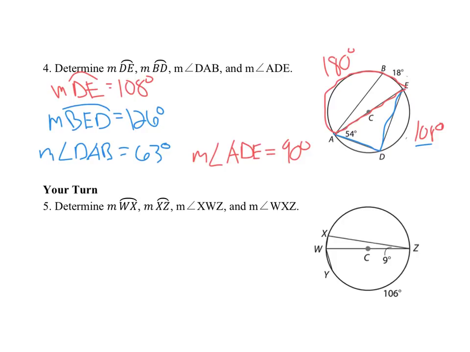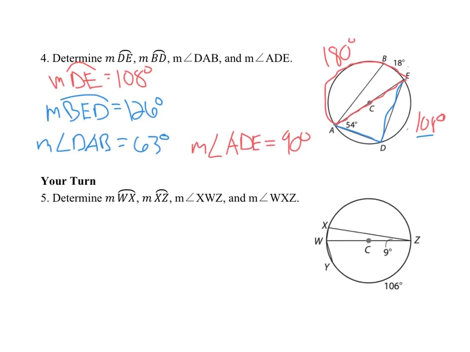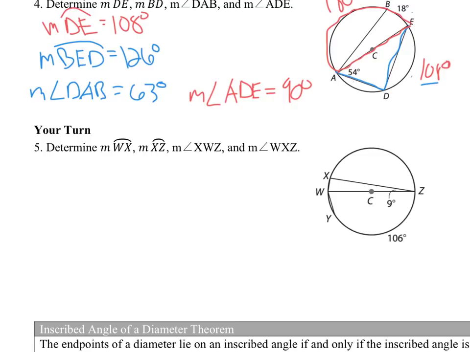All right, your turn. Try a couple problems there. So pause here as you work through this number 5. So checking your work here, the first one, measure of arc WX, is going to be 18 degrees. And then the measure of arc XZ, which is this top portion there, it's going to be 162 degrees.